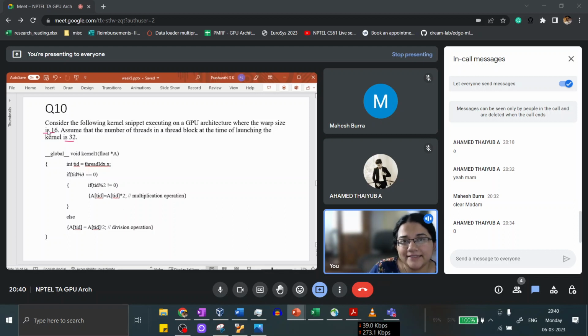So warp size is 16, number of threads per block is 32. And if it's mod 3 equal to 0, you have a further check for mod 2 not equal to 0 and then you do a multiply. Otherwise, you do a division.